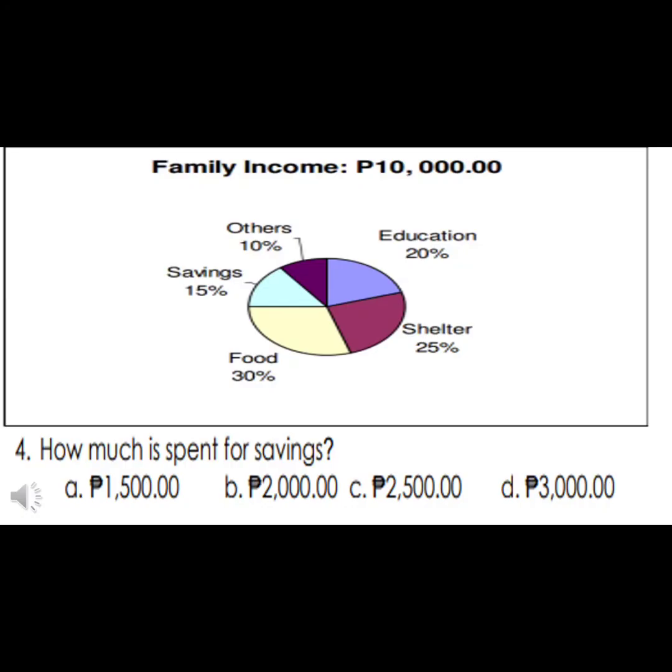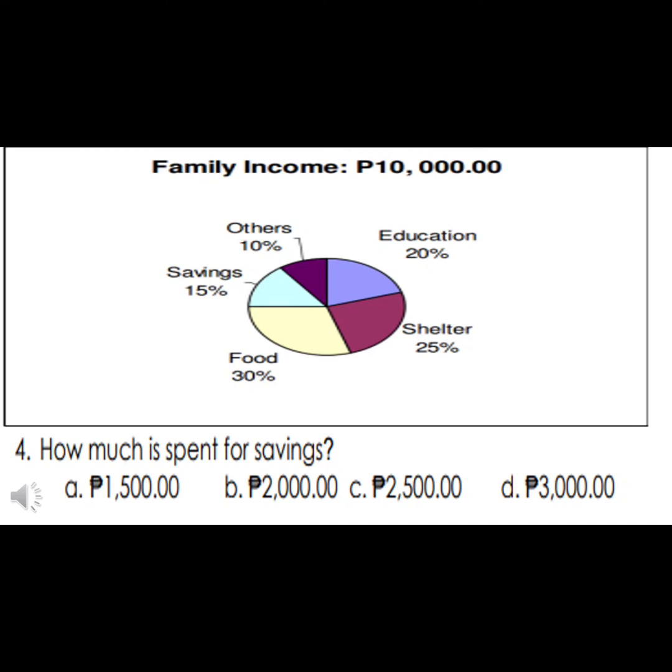Okay. Question number 4. How much is spent for savings? So, again, looking on the graph, we have savings. How many percent? 15%. Now, we are asked for the amount. How much is spent for savings? So, let us now solve again.